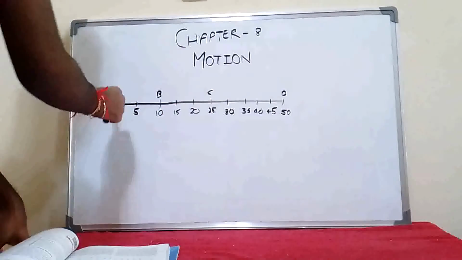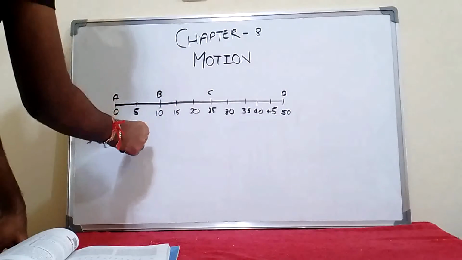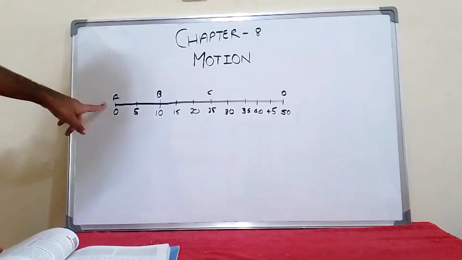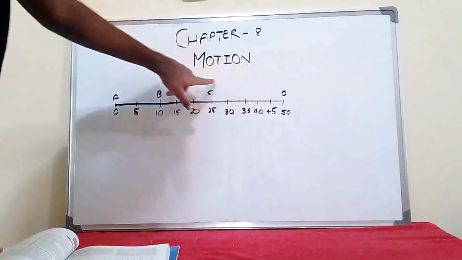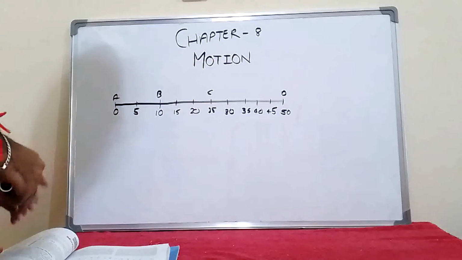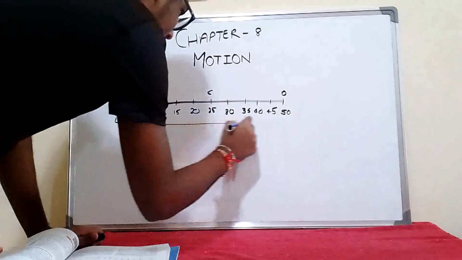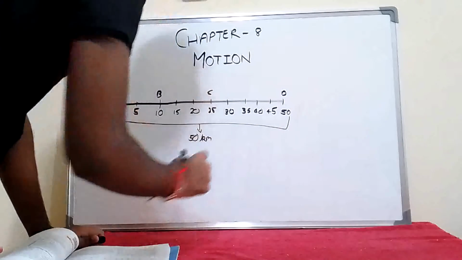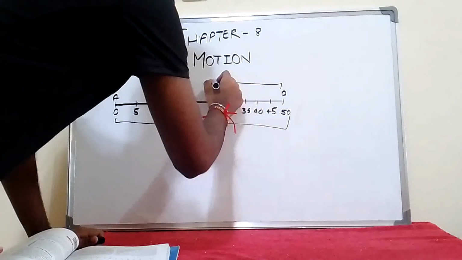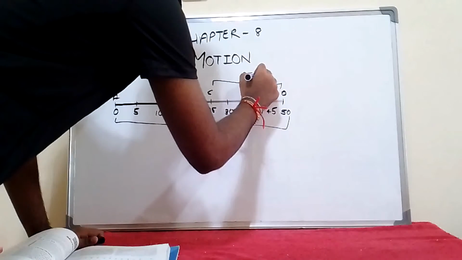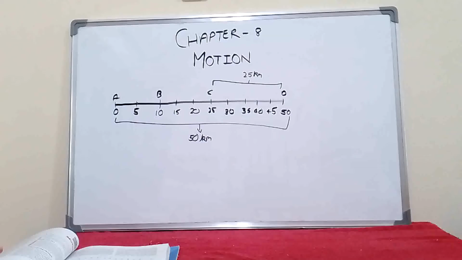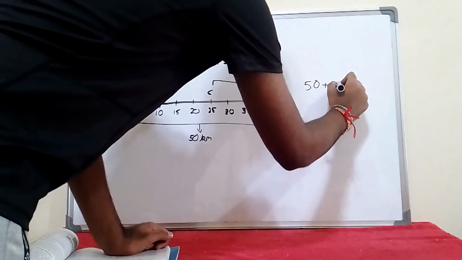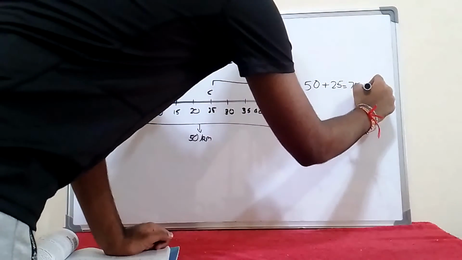Here we can see that A and B have a gap of 10 kilometers and B and C have a gap of 15 kilometers, etc. Imagine an object moves from A to D and comes back to C. When you cover A to D, you are covering this full length, which is 50 kilometers, and then you're coming back to C, which is a further 25 kilometers. So the total distance that you have covered is 50 plus 25 equals 75 kilometers.